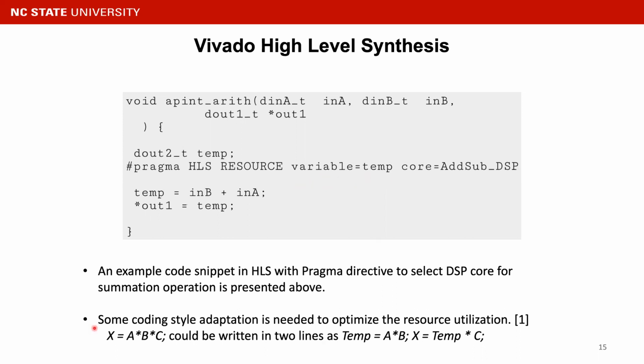Also, some of the coding style can be optimized for the HLS, like shown here, because writing this operation in 2 lines basically tells the HLS to just synthesize one multiplier and use that sequentially to save on resource utilization, compared with the first variant. Because for the first variant, the HLS will interpret that it needs to synthesize actually 2 multipliers.